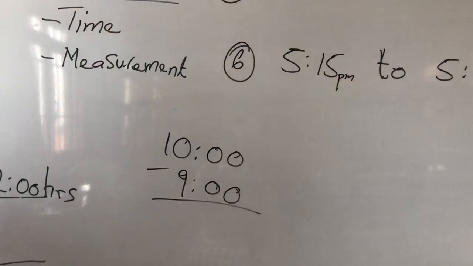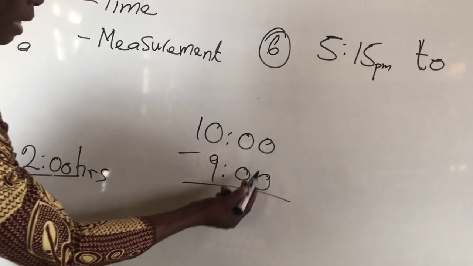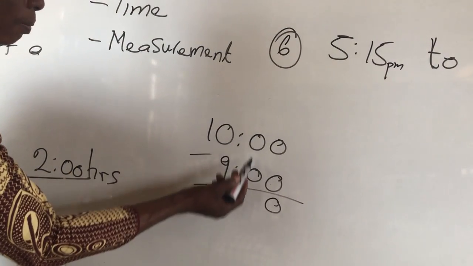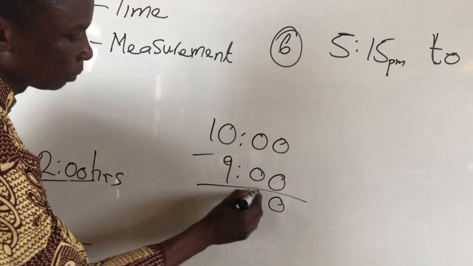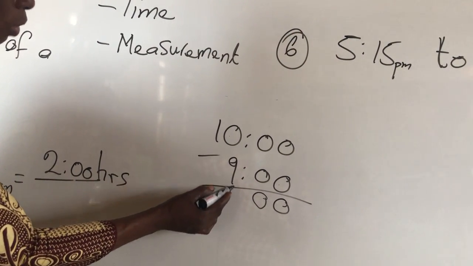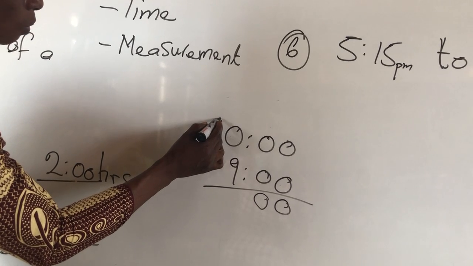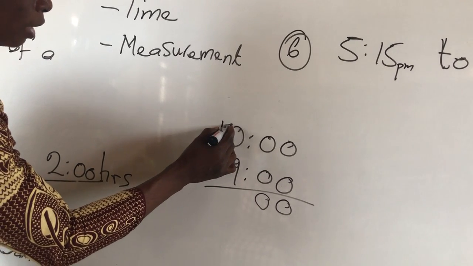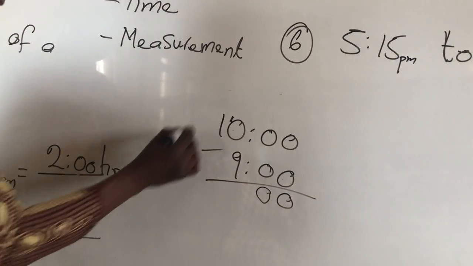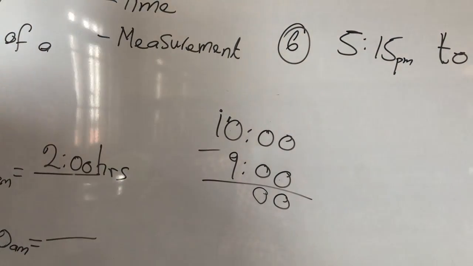You subtract 0 minus 0, you write your 0. Then 0 minus 9, it's not possible. Quickly come to this one. Borrow 1 from here. When you borrow the 1, you add it to this one, making 10, and this one is left with 0.